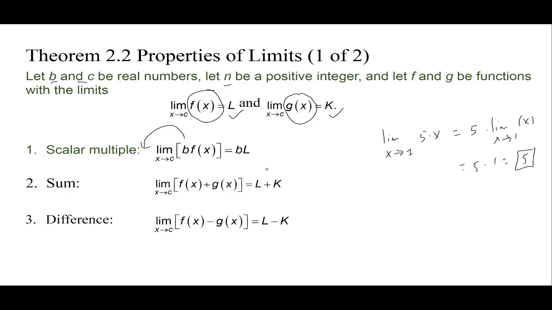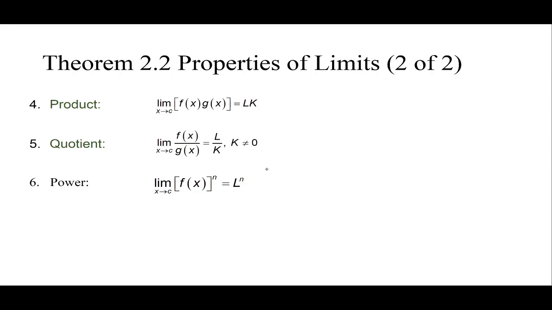The second one and the third one, sum and difference: the limit of the sum is equal to the sum of the limits, because L and K are individually the limits of the first function and second function. And the limit of the difference of the functions is equal to the difference of the limits. Okay, these are the more properties. 3 more: product, quotient, and power.